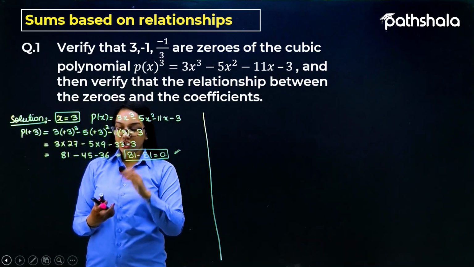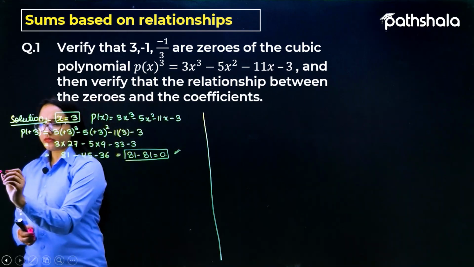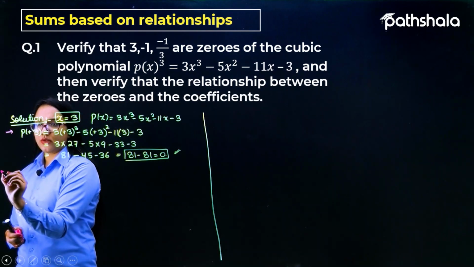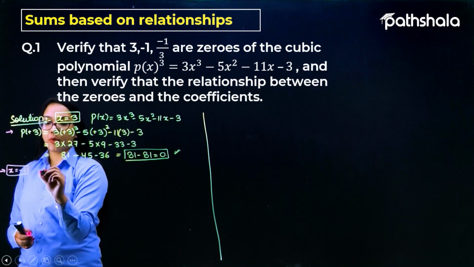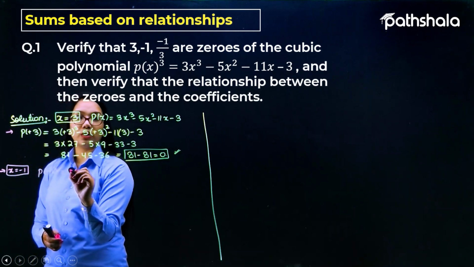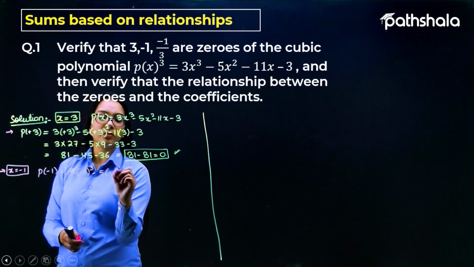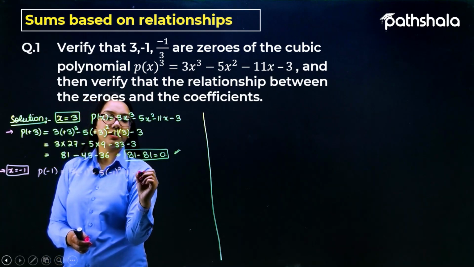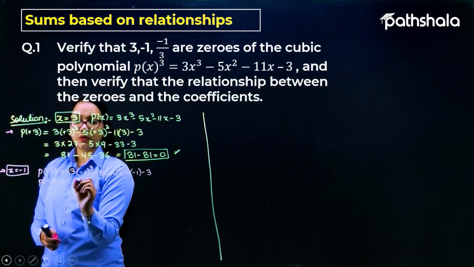Now let's verify for x is equal to minus 1. Let's substitute it into the polynomial. P of minus 1 is equal to 3 into minus 1 whole cube minus 5 into minus 1 whole square minus 11 into minus 1 minus 3.